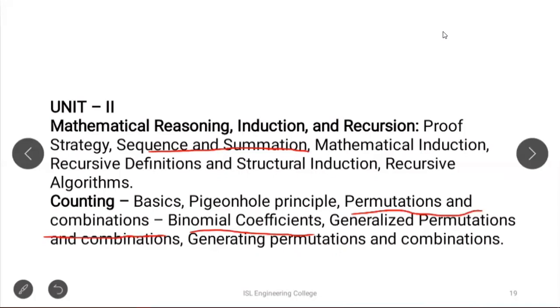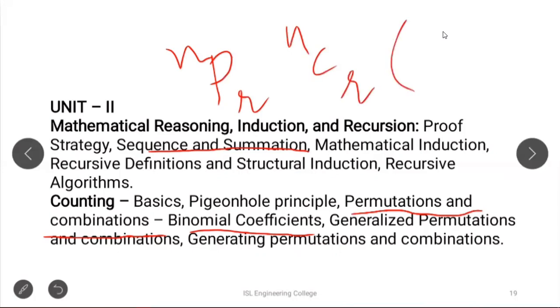So the permutation and combination is NPR, NCR, and binomial coefficient (A plus B) whole power n, etc. Apart from that, generalized permutation and combination. So it's a part of permutation and combination which we'll see further.